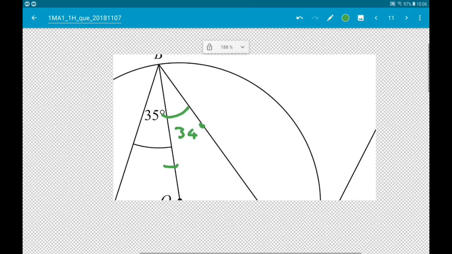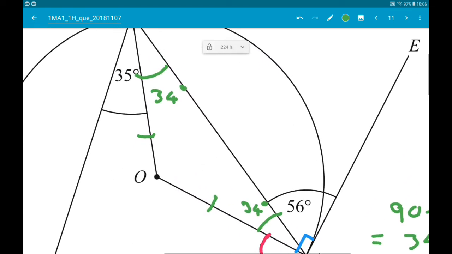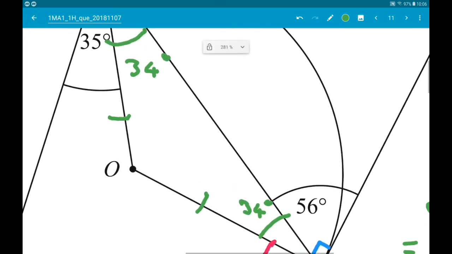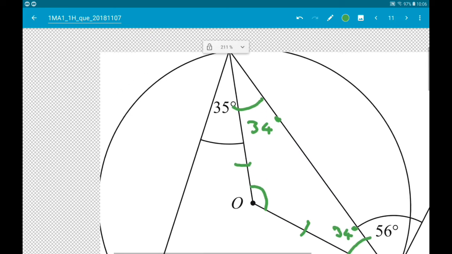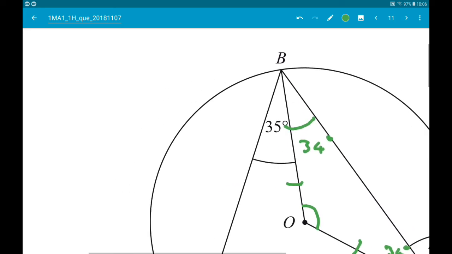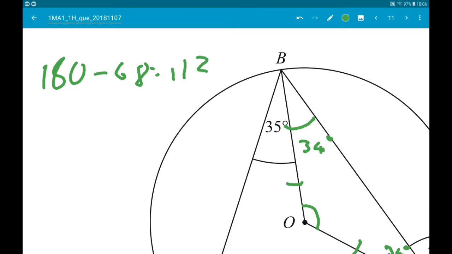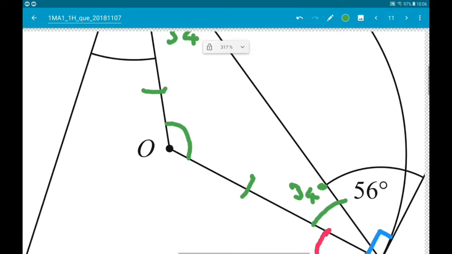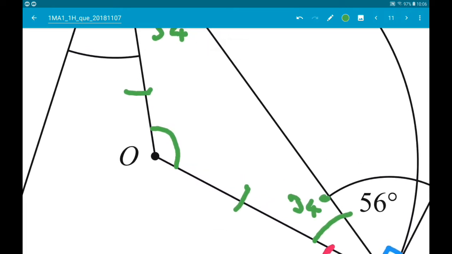From that, we can work out the angle at O. So 34 and 34 is 68. 180 minus 68 is 112. So this angle here is 112.